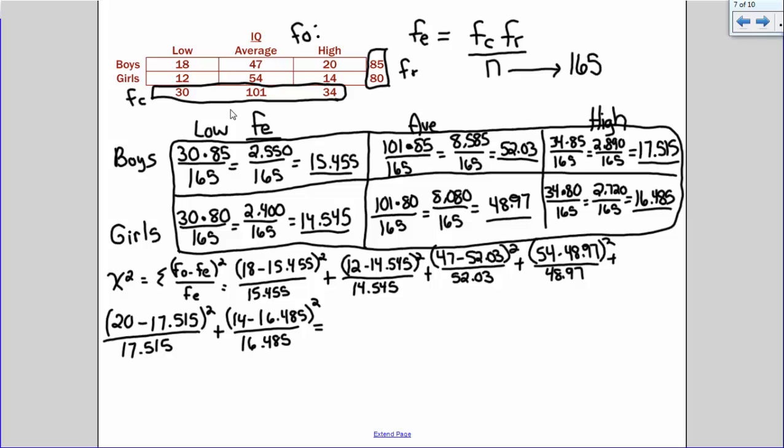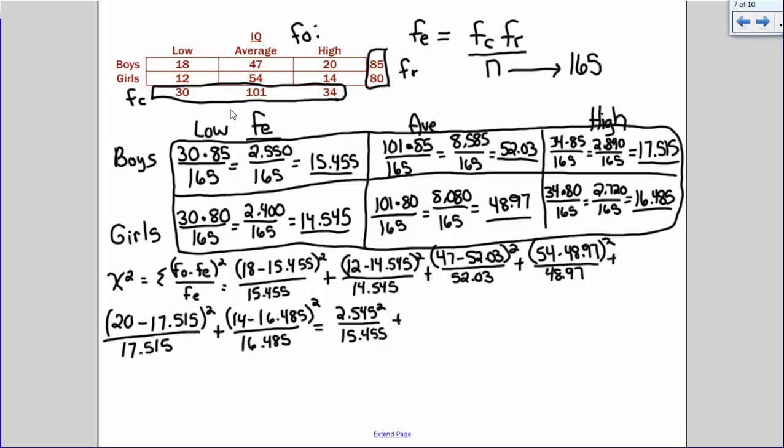Okay. So let's go ahead and start solving for what's inside the parentheses. For each one, I'm going to do that. And we end up with 2.545 squared divided by 15.455. So 18 minus 15.455 is 2.545.